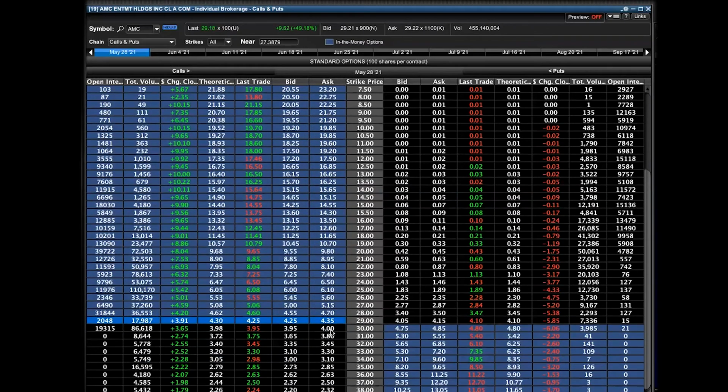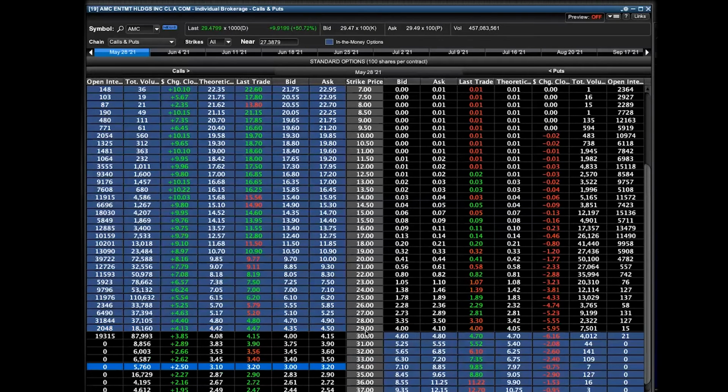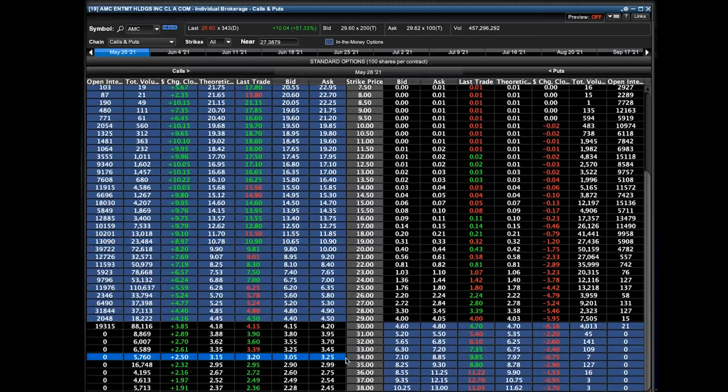Let's say it went up to like $40 or $50. That'd be a $10 increase. So all I have to do is take this number and just subtract 10 for the $10 gain. If we take the 29s and minus 10, that'd be 19, that'd be $10. So these $34 calls would now be worth about $10. So what you do is you would take your $3 and then find out the percent difference between $3 and $10, which in this case would be about 300% profit.